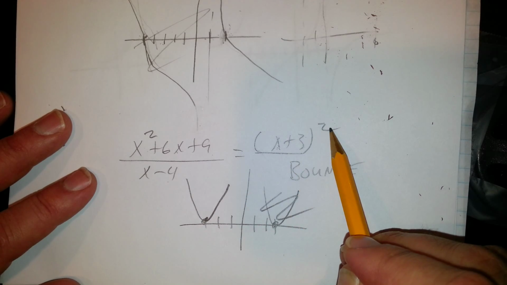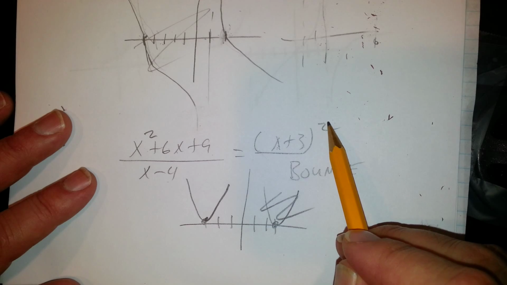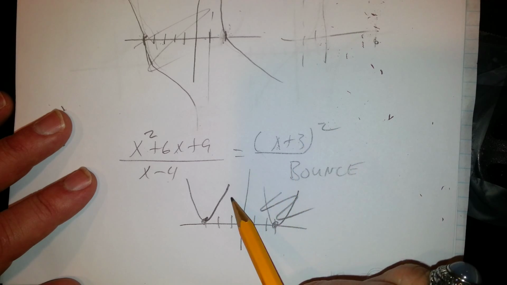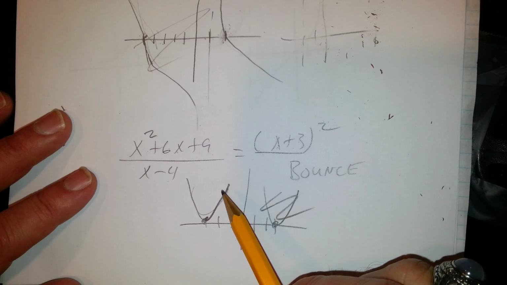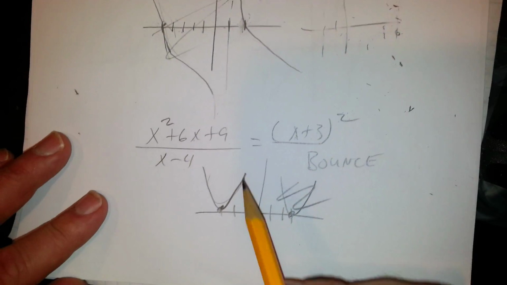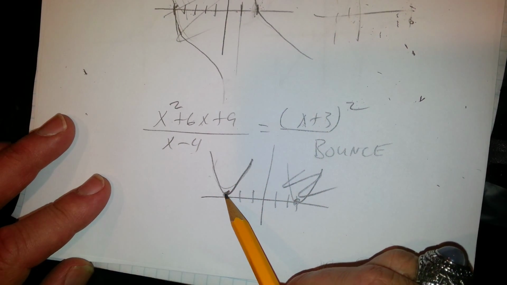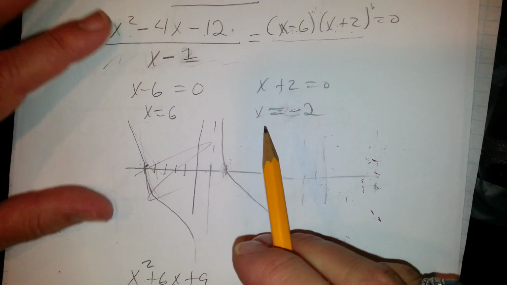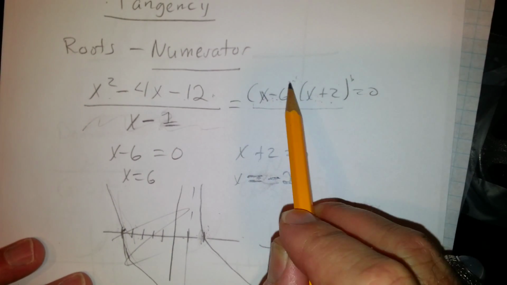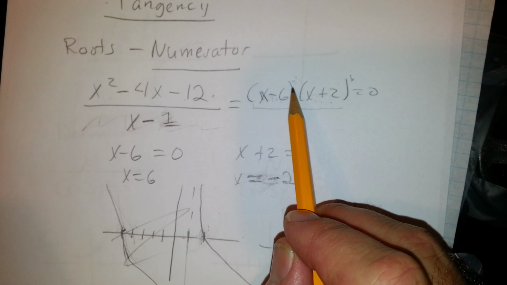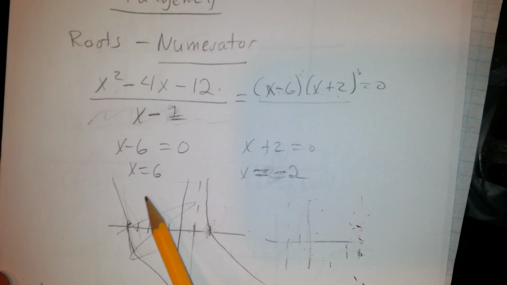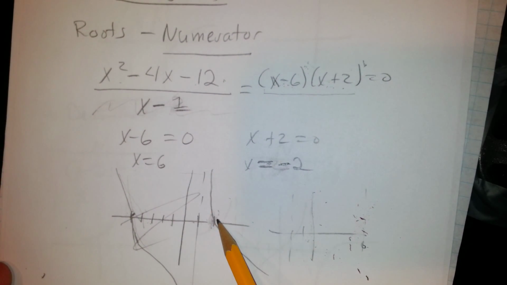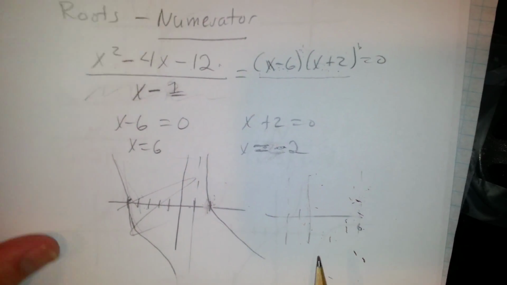Whenever your multiplicity is even, squared or to the 4th power, this factor that creates my zero is going to bounce off. That's tangency. It's just tangent to the x-axis. So anytime your factors have odd multiplicity, like 1 or 3, the graph goes through the x-axis at that root. All right, enough on tangency.